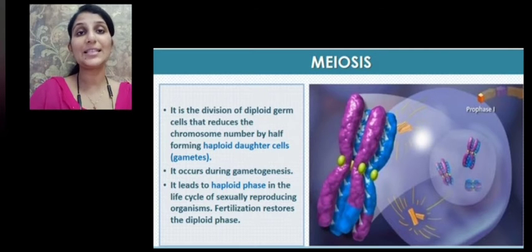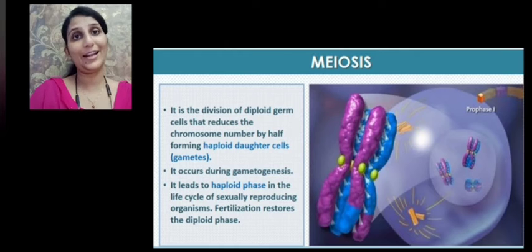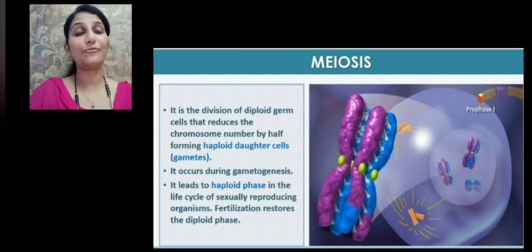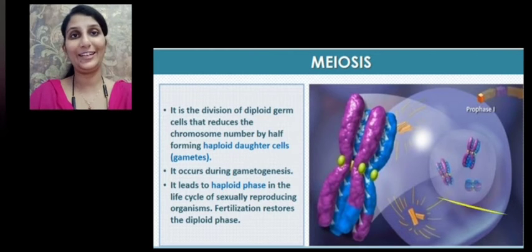So it is the products of meiosis which represent the haploid phase in sexually reproducing organisms. After fertilization, which is the fusion of the male and female gamete, the diploid condition is restored. So the diploid cells undergo meiosis to form haploid gametes, and the haploid gametes join at the time of fertilization to restore the diploid condition.